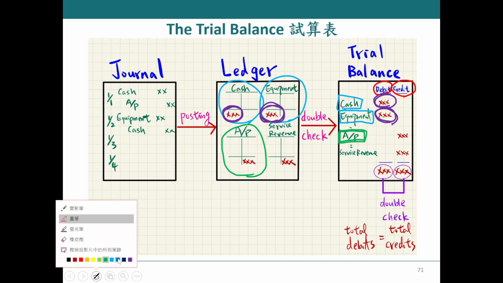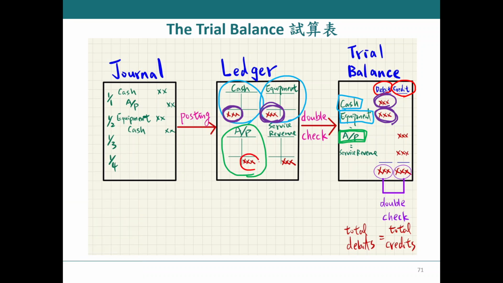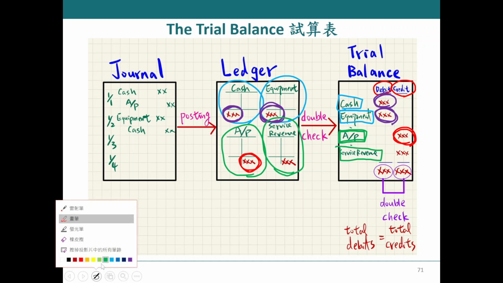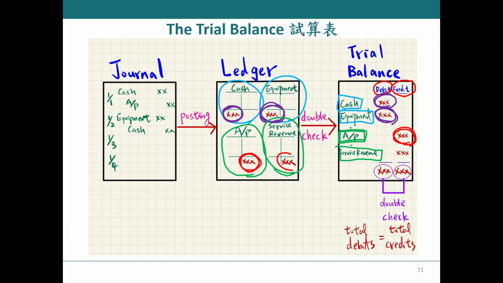Accounts payable have the balance on credit side, right? So I just copy the balance on credit side. What's your last one? Service revenue. So for service revenue, I write down this account on trial balance, service revenue. Service revenue have the balance on credit side. So I just copy the number on credit side, okay?